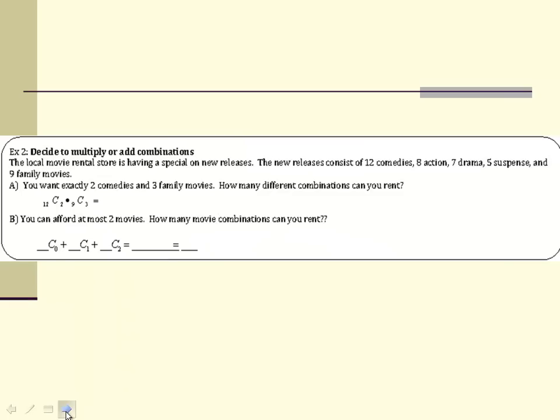The second idea is when to use multiplication for our combinations and when to use addition. Again, it all comes back to our wording, and that's what's so important. When you talk about wanting 2 comedies and 3 family movies, and in mathematics means multiply. Out of the 12 comedies I have, I want to pick 2.